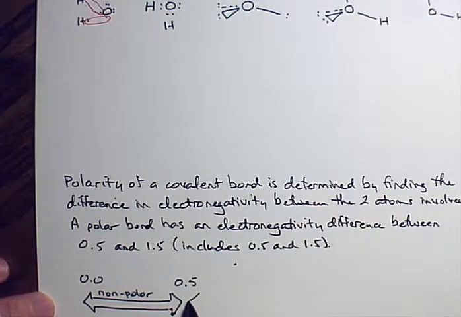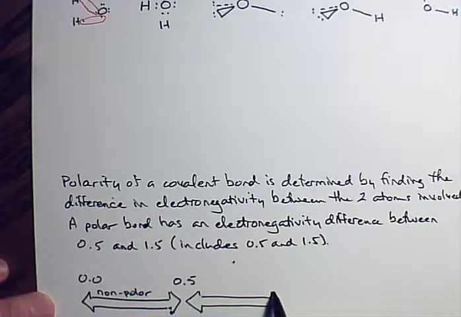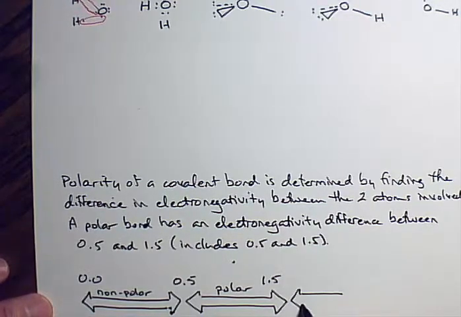Then between 0.5 and 1.5, that's our polar range. And then from that point to infinity, we're going to call that generally ionic.